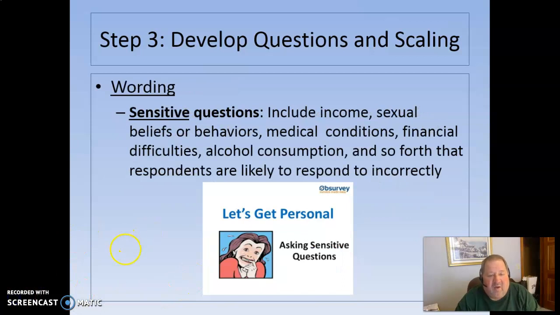If you ask questions that are sensitive in nature that people may be reluctant to answer, your wording is very important, as well as placement. You typically want to place those types of questions towards the end of the survey rather than in the beginning, so that you don't scare respondents away.